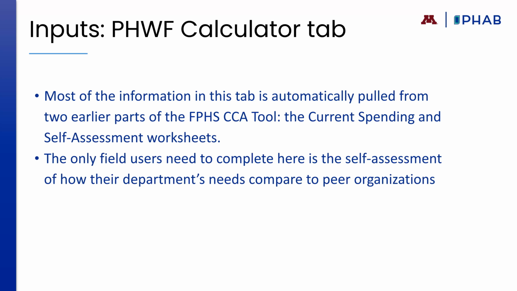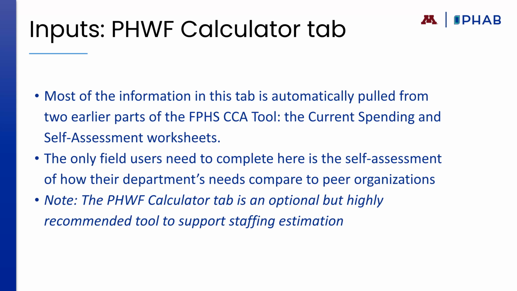This estimate is especially useful for departments in decentralized systems serving populations under 500,000, though others may still find the results helpful. The FTE projections generated here are then carried forward into the Full Implementation worksheet to support staffing and cost planning. Please note, the Public Health Workforce Calculator tab is an optional but highly recommended tool to support staffing estimation.